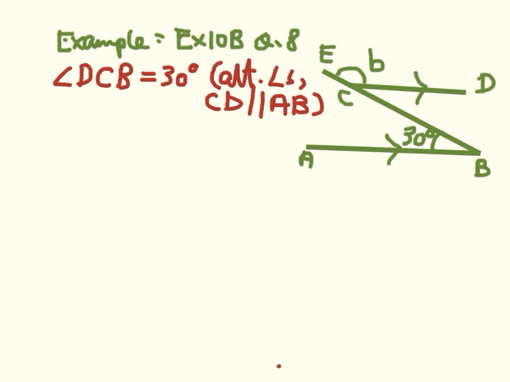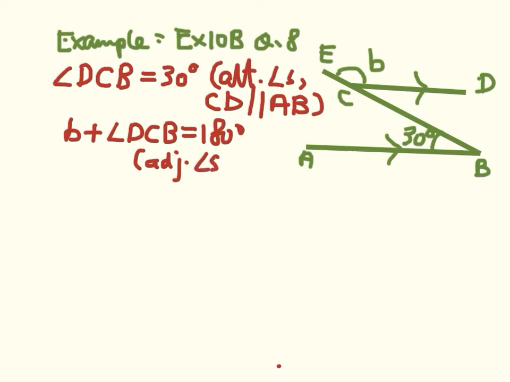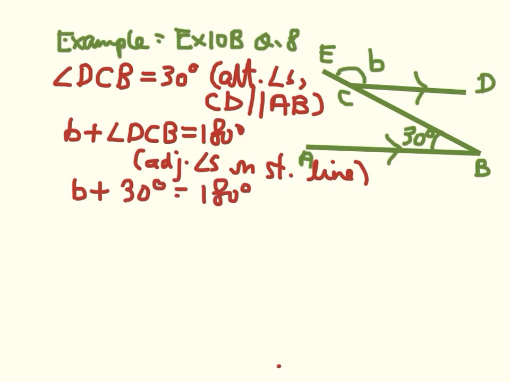Also, B plus angle DCB is 180 degrees by adjacent angles on straight line. So B plus 30 degrees is 180 degrees and B is 150 degrees.